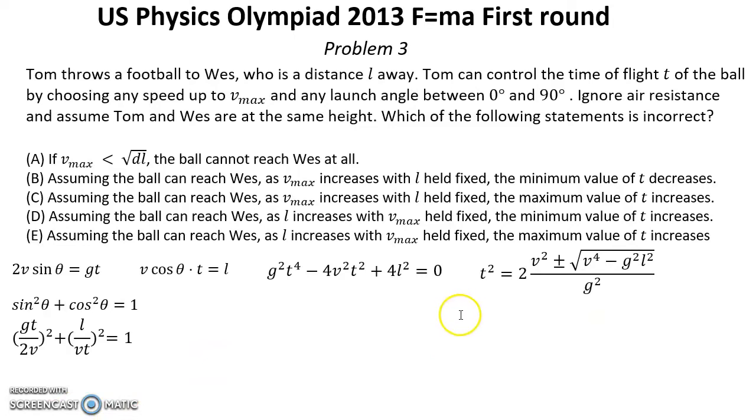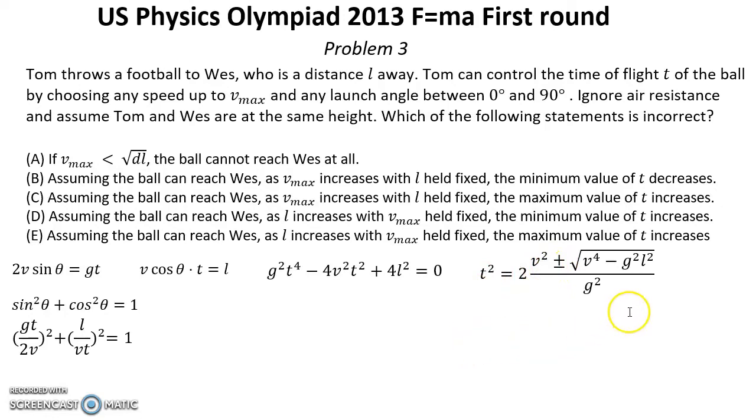First of all, we can emphasize that the root with a negative sign is responsible for minimum time, which is for angles less than 45 degrees, and positive for angles theta equal to 90 minus theta.